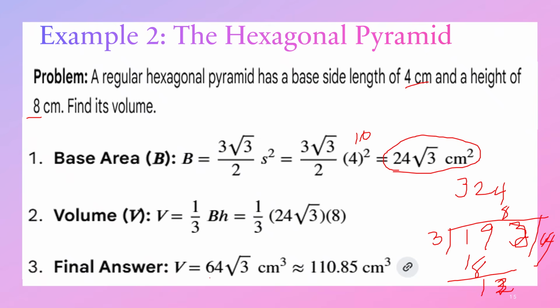That's why we get 64 square root of 3 here. And if we compute that approximately, that's about 110.85.